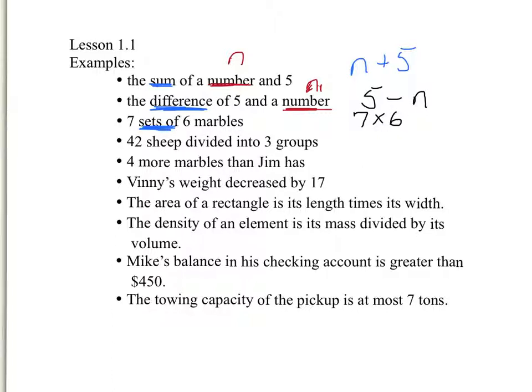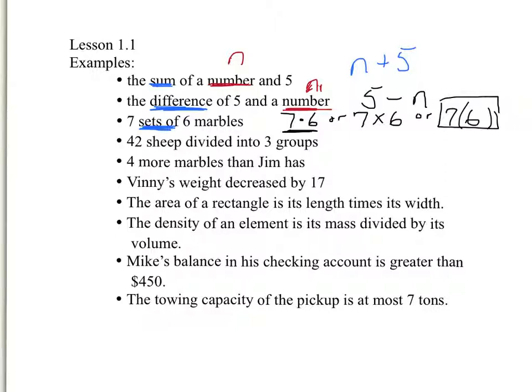In algebra, we try not to use the x for times, so we could also write it 7 times 6 with parentheses. And that's probably preferred. Another way, even though it will look like a decimal, is to do 7 dot 6 for times 6. But remember, this can be mistaken as 7.6, so it's better to use the parentheses.